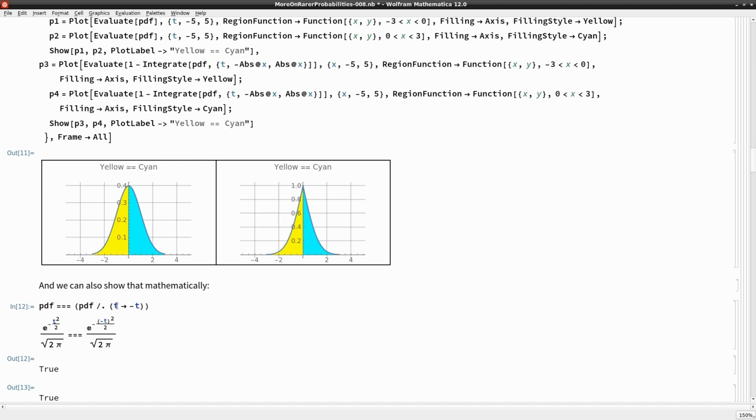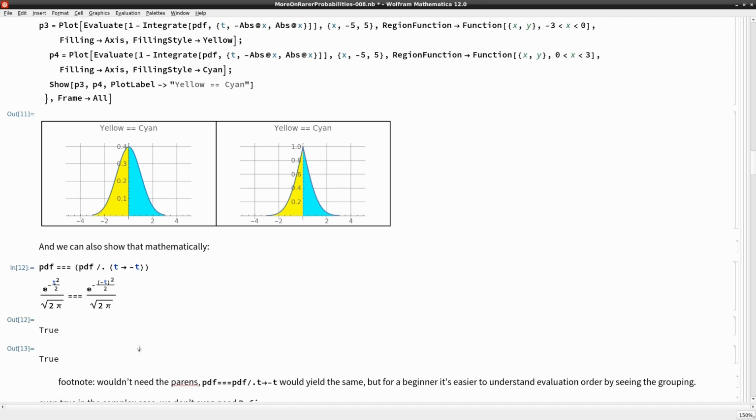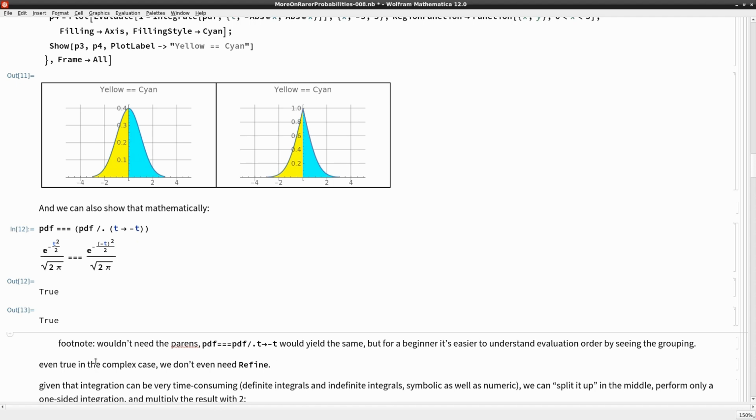So this is exactly what I'm doing here. I replace t with minus t, and we see that we get the same results. The functions are clearly symmetric. The PDF is symmetric, and the rarer prop is symmetric. So we can use this in the future. And it's even true in the complex case. We didn't even need to refine in this one. This is generally true for reals and for complexes.